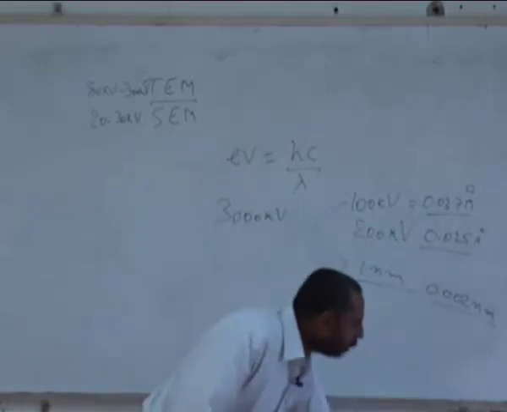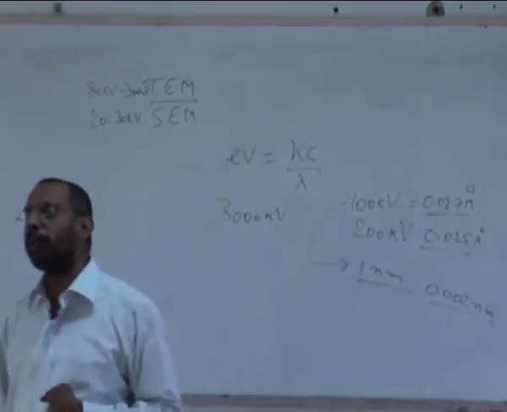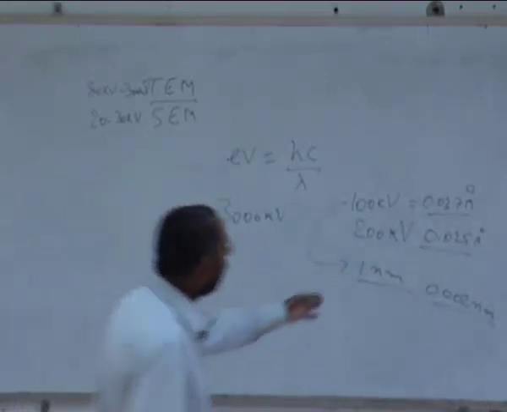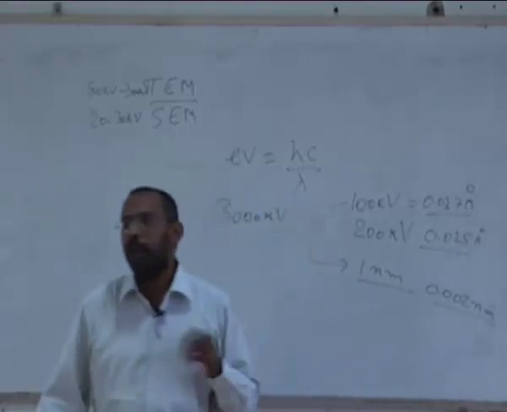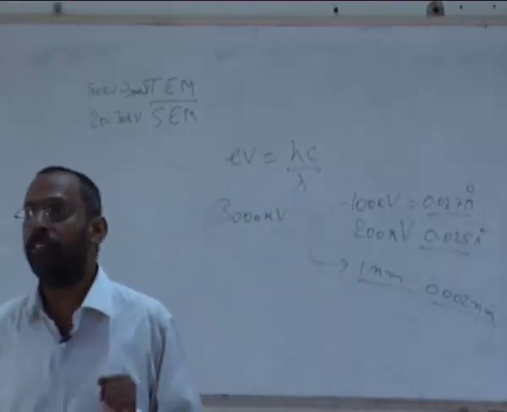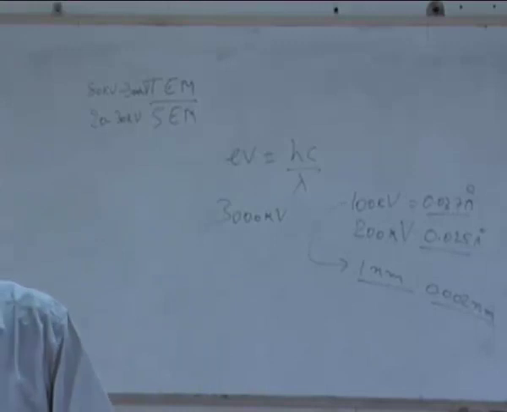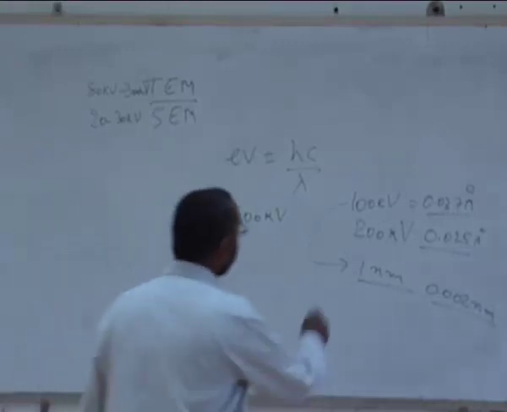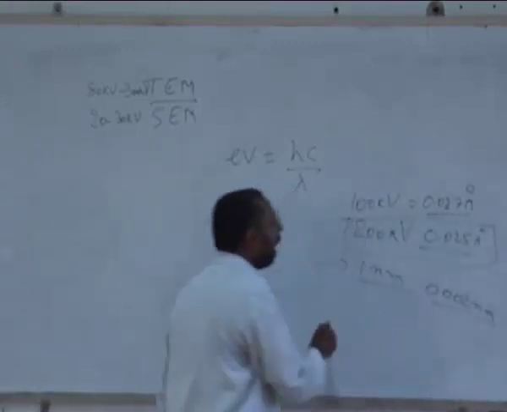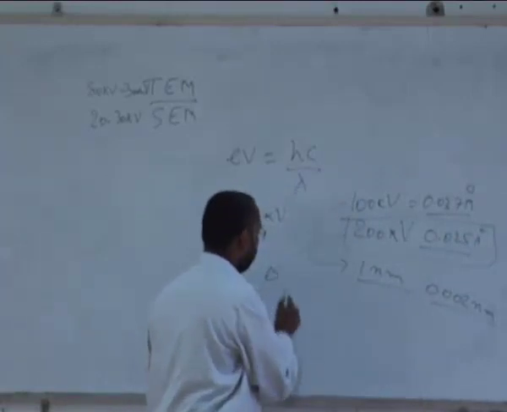If you further go down to smaller and smaller lambda, you may be able to get better than this 1 nanometer, maybe 5 angstroms or 2 angstroms or 3 angstroms. But the best way is to use these lambdas itself and correct the aberrations.